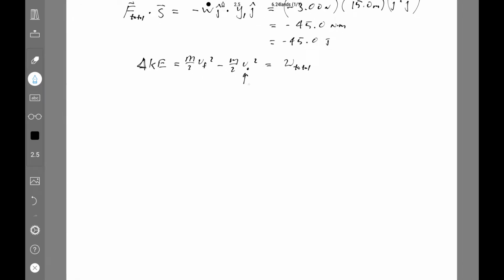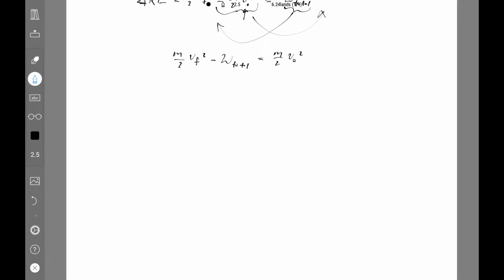And we're going to solve for this velocity. So I'll throw this whole term onto this side and move that term onto this side. I get m over 2 vf squared minus work total equals m over 2 v naught squared. Multiply both sides by 2 over m.